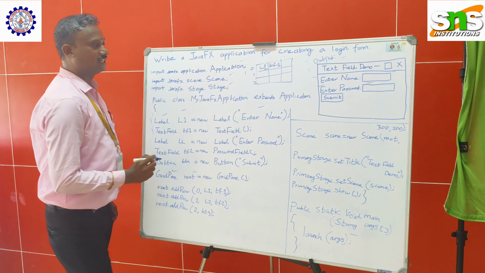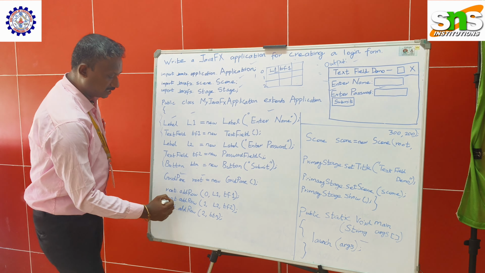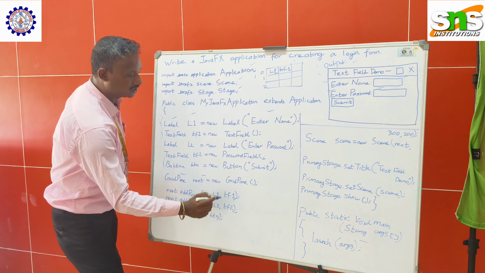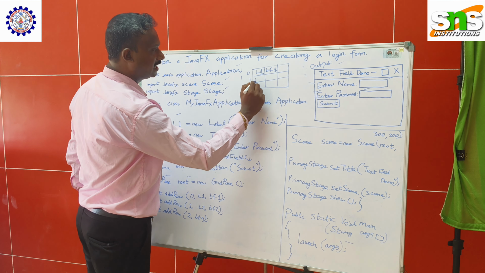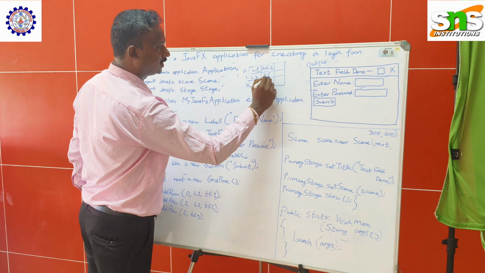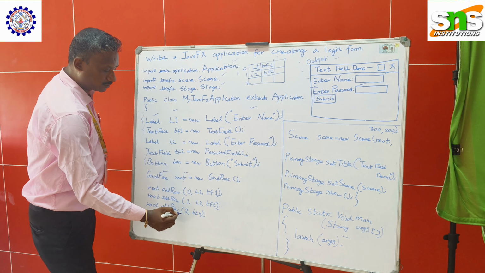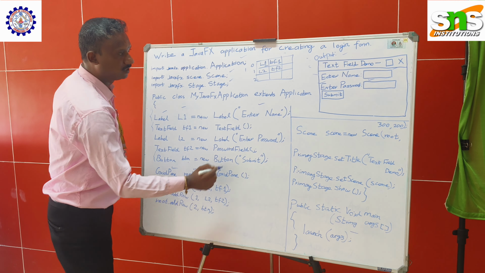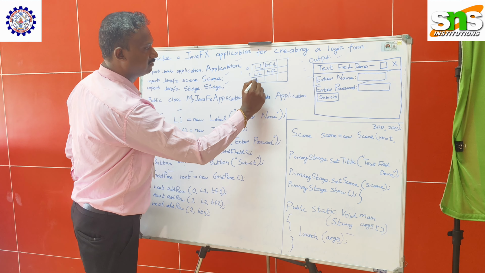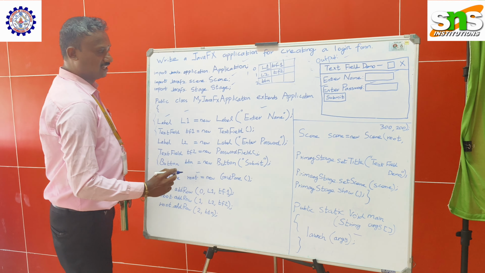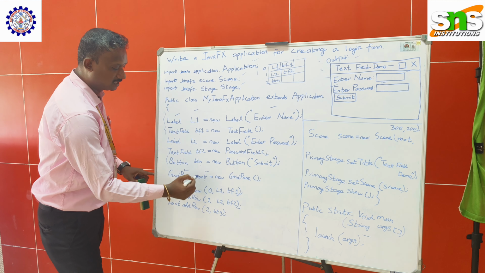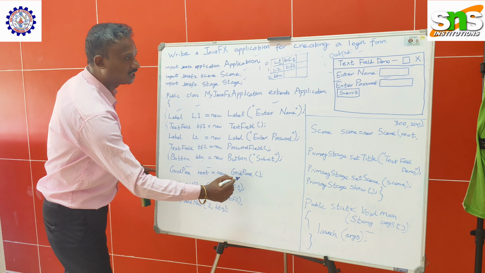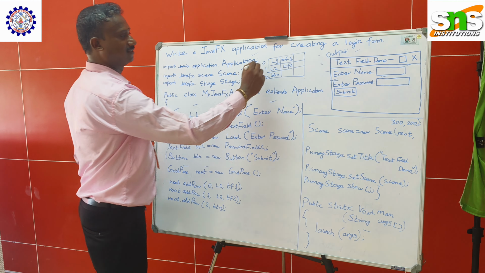I am going to display only the object names here, L1 and text field 1. Then in the first position, we need to display label 2 and text field 2. In the third position, which means position 2, we need to add only the button, which means the submit button. With the help of this GridPane, we organize and add them.